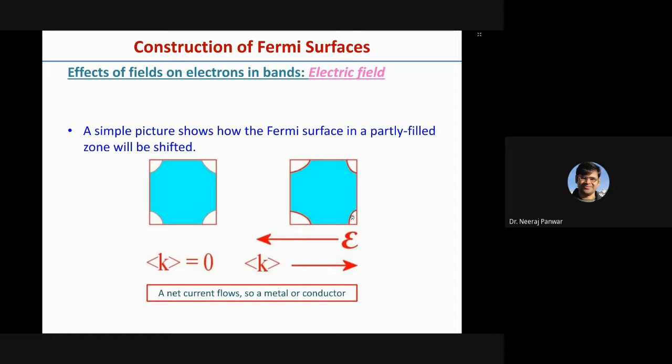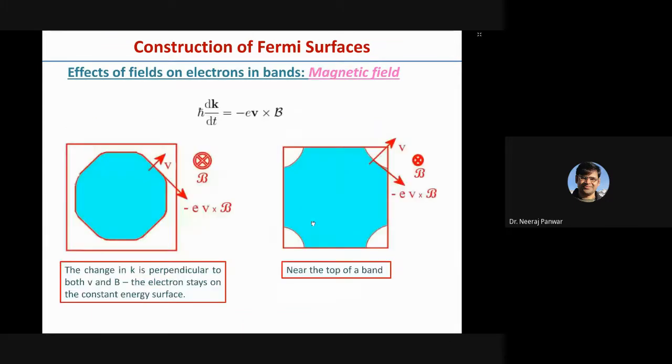In the case of the right figure where we apply an electric field, we may not find two opposite states at the same mod k value. Therefore, this will generate electric current, and the material will conduct electricity.